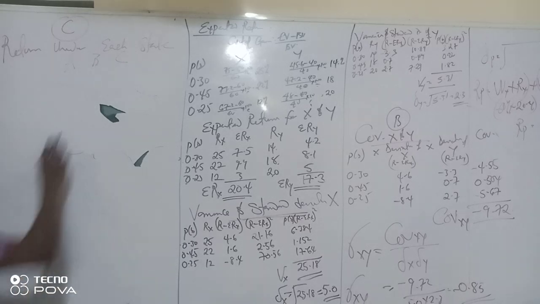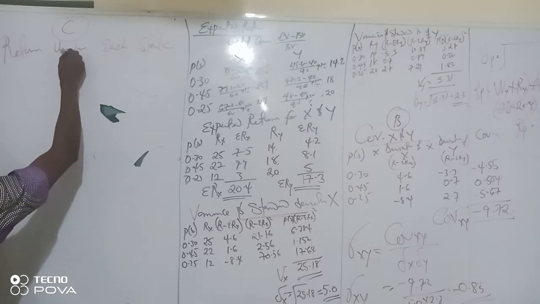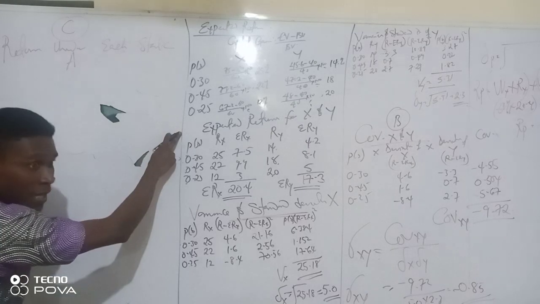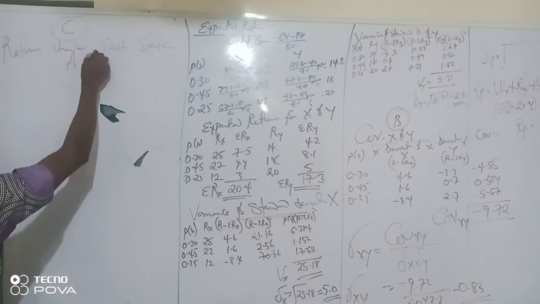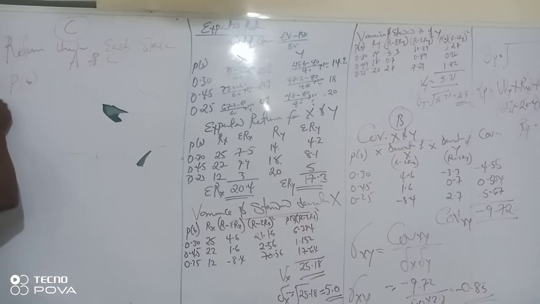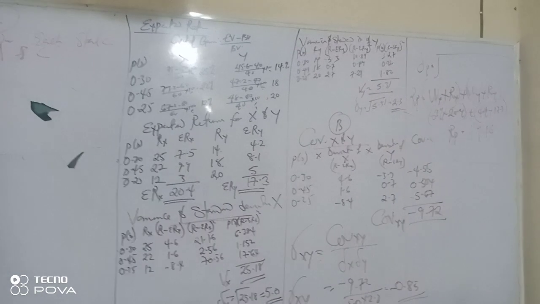Here are the probabilities of A, B, and C, the probability for each state.